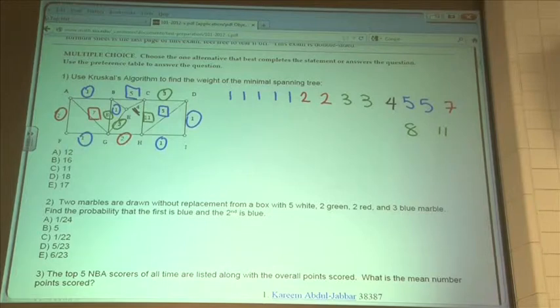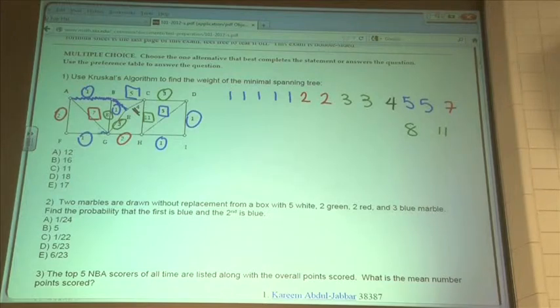Now, to find the minimal spanning tree, you want to start with all of the small edges. Now, these are all going to be random at first. But the key thing is, since it's a tree, you do not want to make a circuit. Don't make a circuit. All right. So let's choose some of these ones. So we can take that one right there, and that one right here.